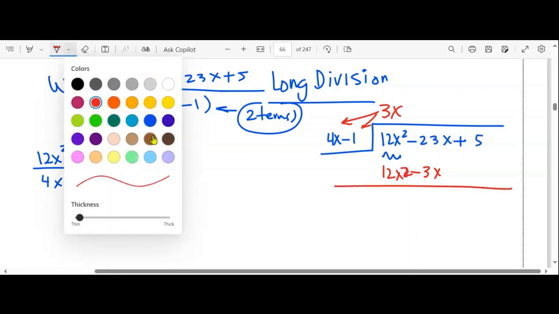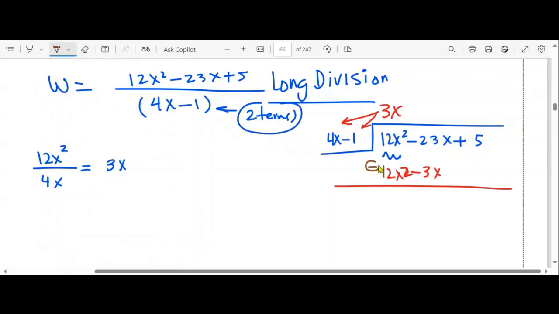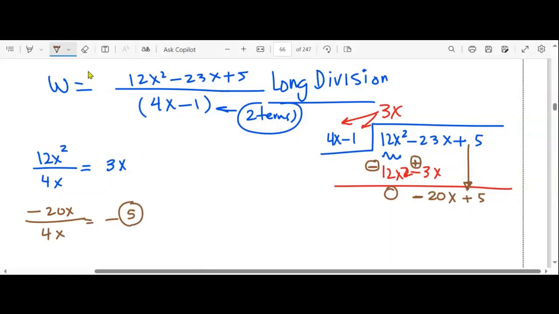Change the sign, correct? So this gives you 0. And this gives you negative 20x. And then you bring down the 5. Negative 20x divided by 4x gives you what? Negative 5. Is this clear?